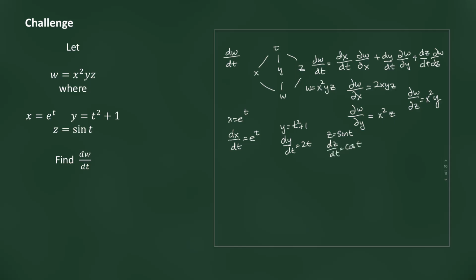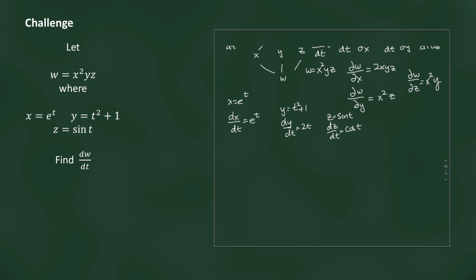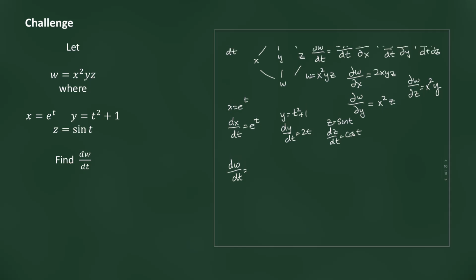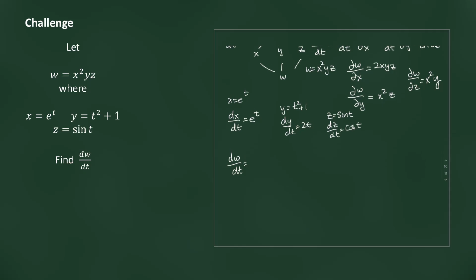All right, so now we just have to put it all together and maybe tidy it up a little bit. So dw/dt, I'm going to take dx/dt times the partial with respect to x. So dx/dt is e to the t, and then dw/dx is 2xyz.